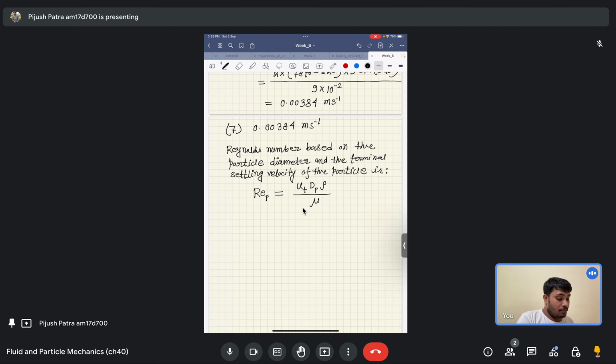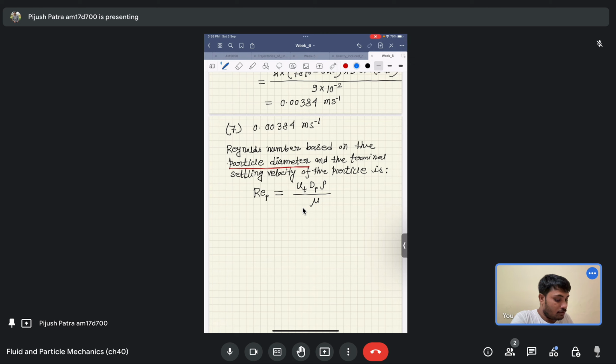Keep in mind that we are calculating the Reynolds number based on the characteristic length scale and the characteristic velocity involved in the problem. The particle diameter here is the characteristic length scale.